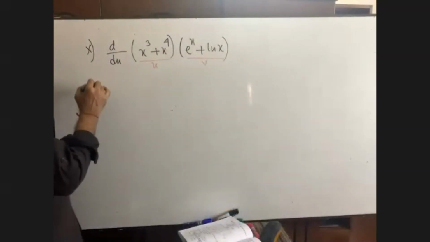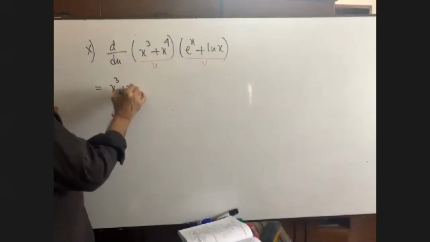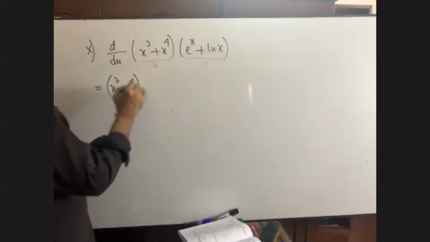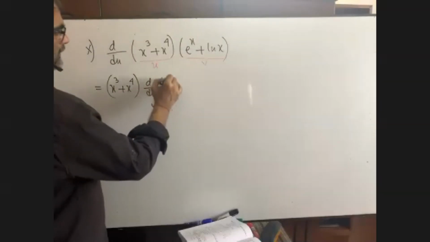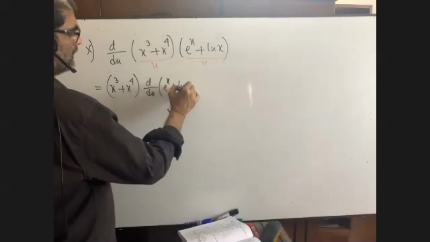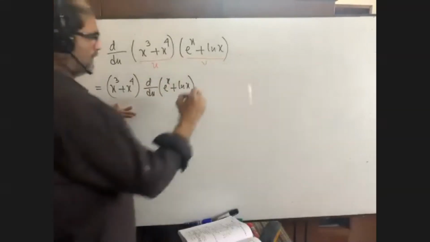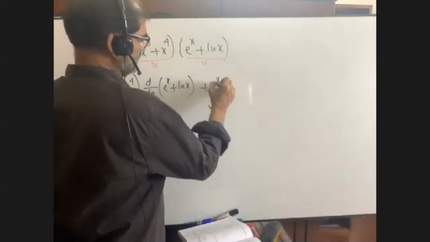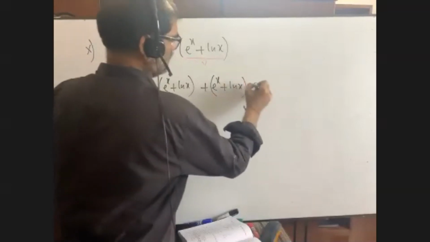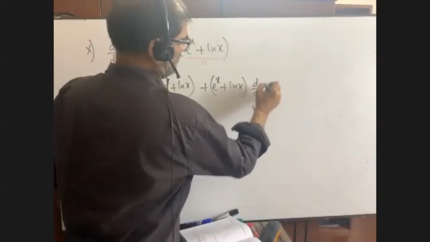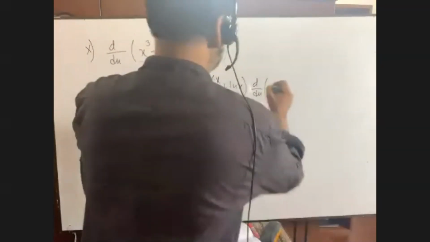Can you do it? It is u d by dx of v. It is v. Then again v d by dx of u.